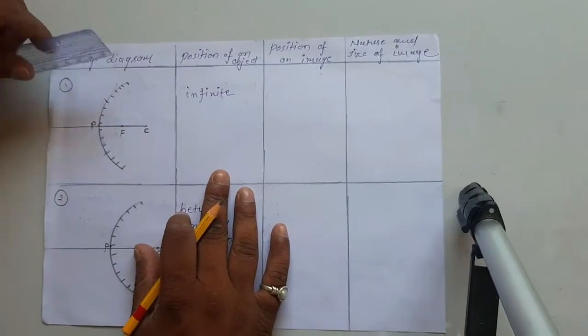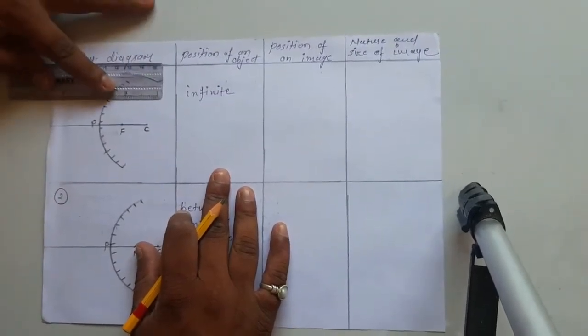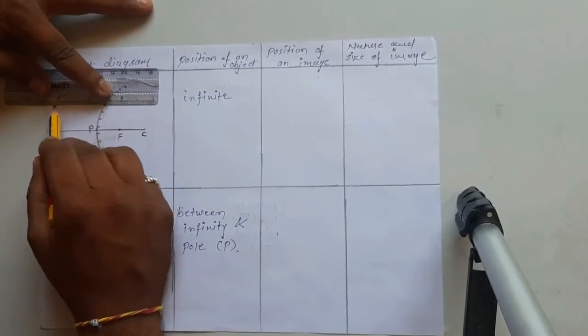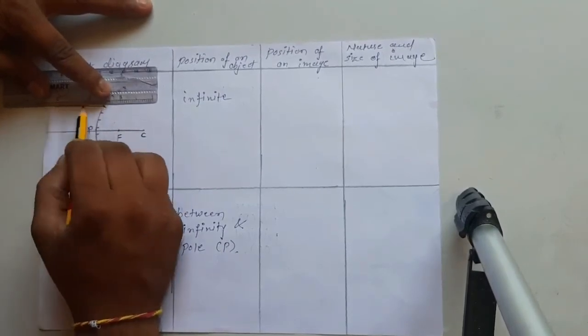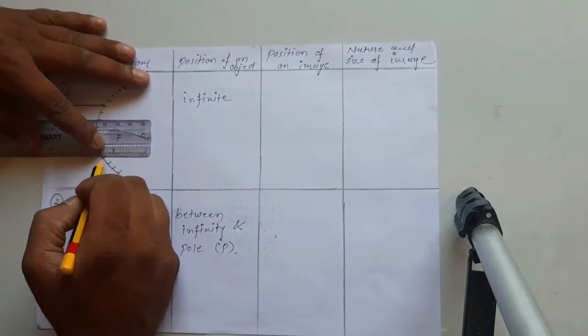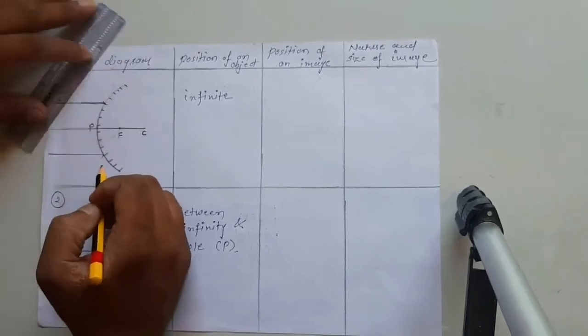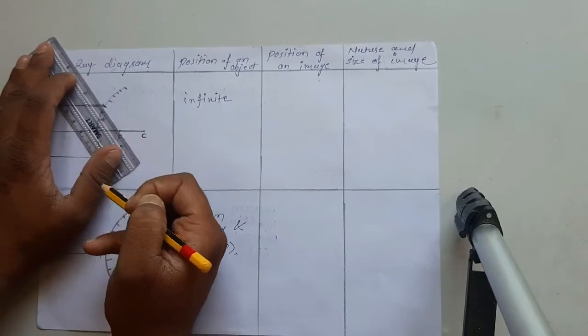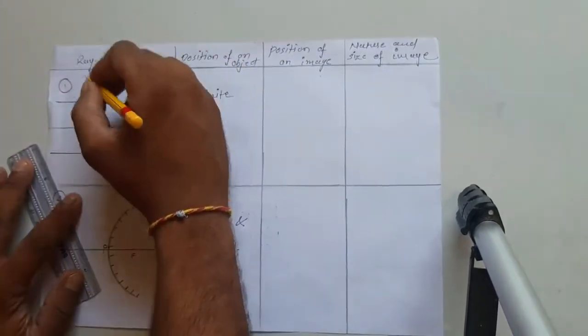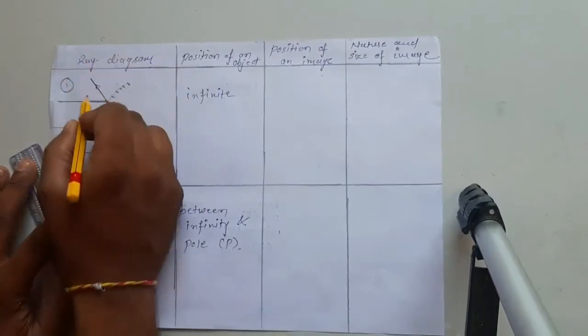So let us understand the first case. Suppose it is at infinite distance, so we know the light rays coming from infinite distance are parallel. If I take two parallel light rays here, first and second, we know this is a convex mirror, so it will not converge, the reflected ray is going to diverge like this.